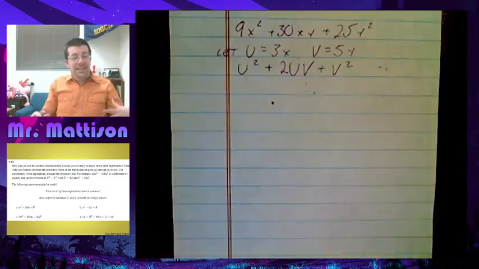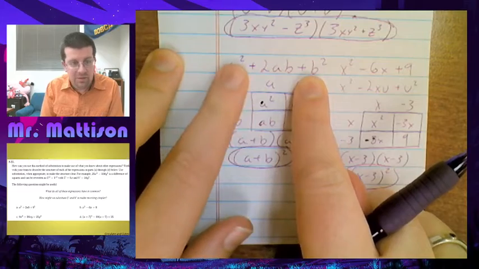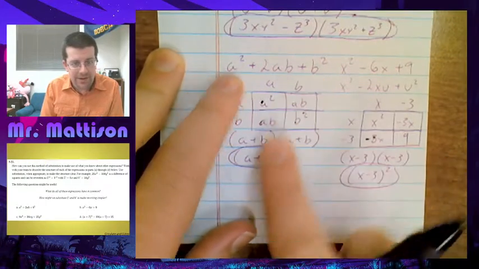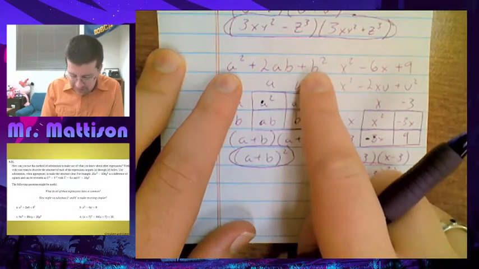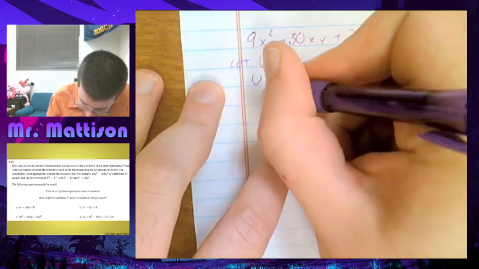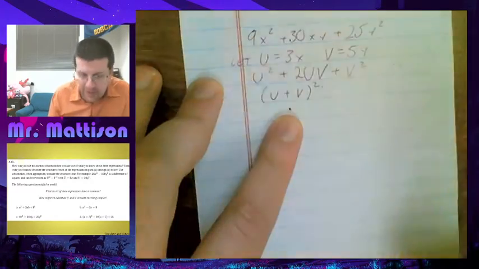Hey, this is exactly the same thing as we just saw back over here, right? Back over here, that thing, this was one of those special factoring patterns, this will factor into this. So a plus b squared. So this will factor into u plus v squared.